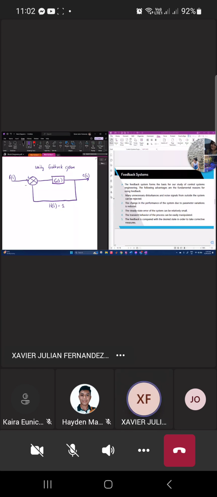Or there are also times nga your gain is also a transfer function. Okay? Which is pwede ra na siya gihapon. Okay? Regardless, usually ang mga gains gyud na representation is kini rectangle.